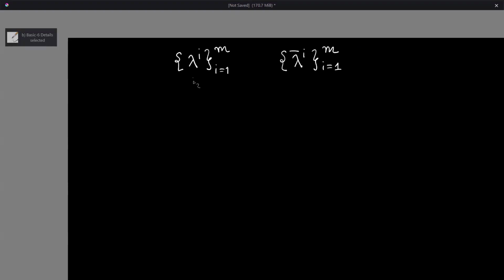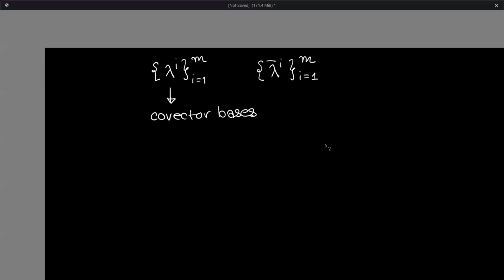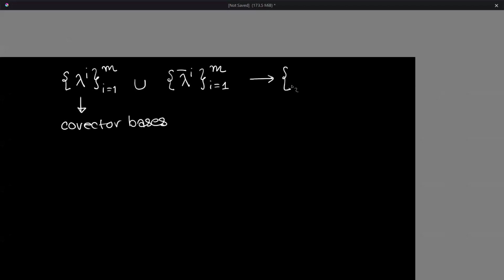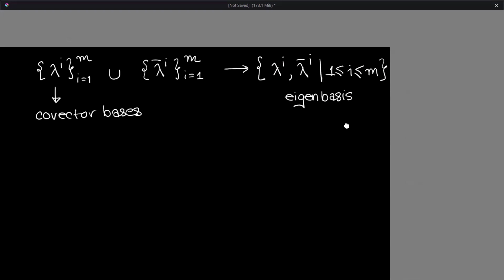These are two covector bases. Together, if we take their union, then we get this set, lambda I, lambda bar I, where 1 is less than or equal to I is less than or equal to m. This is that eigenbasis that we were talking about, that we were guaranteed to get from last time.